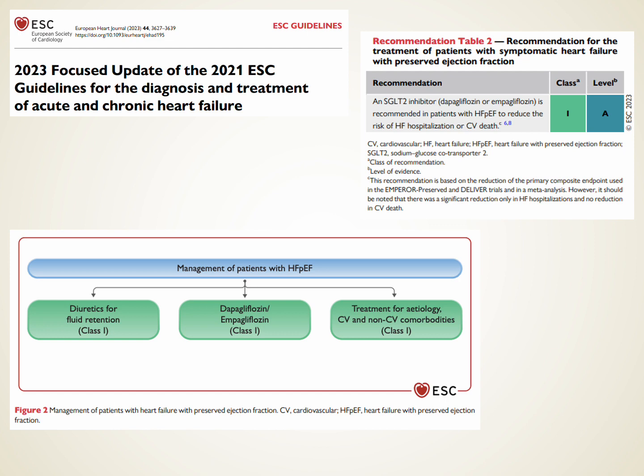For folks who have preserved ejection fraction, again, we're looking at the addition of an SGLT2 and diuretics when there's fluid retention, if any, and then the other treatments are dictated based on cardiovascular and non-cardiovascular comorbidities.